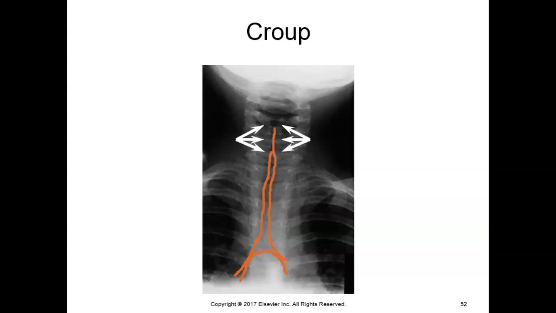That is the steeple sign. It's supposed to look like a steeple, like the top of a church. This is my very bad church drawing. So the steeple looks like the steeple of the trachea as it narrows in that area. I'm going to get rid of my drawings so hopefully you guys can see that.